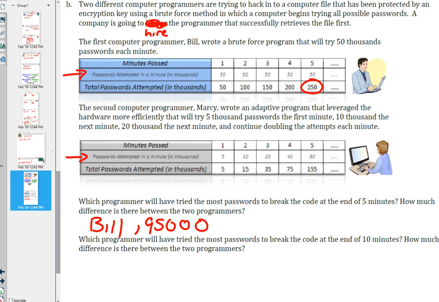Whereas the first one is linear. 10 is closer to infinity than 5 is, so which one tends to grow much faster? What's going to grow a lot faster, exponential or linear? Exponentials are going to grow faster. So I would assume the answer to the second one is going to be Marcy.